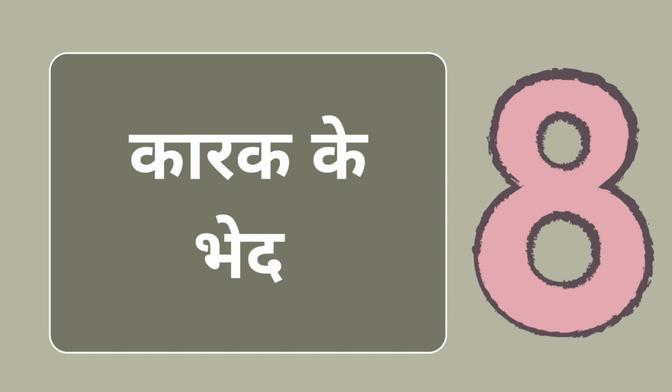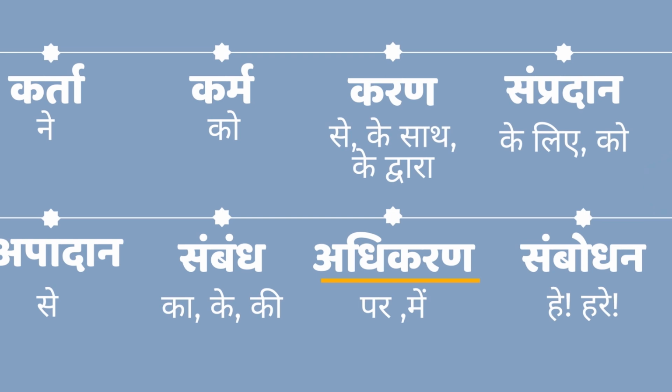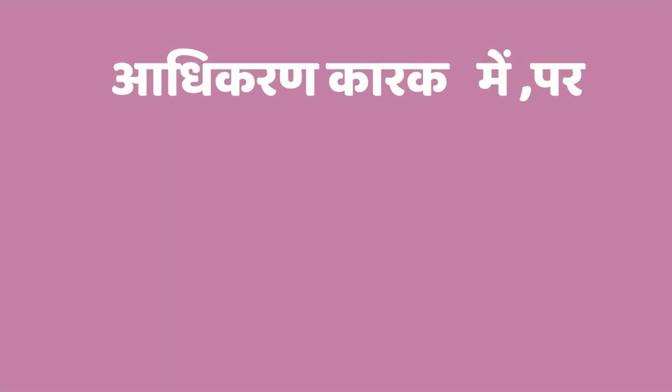In short, karak are the words that connect subject, object and verbs to each other to form a sentence. We have 8 types of karak in Hindi. Now let's move on to the second last karak, that is adhikaran-karak. The keywords are में, पर.